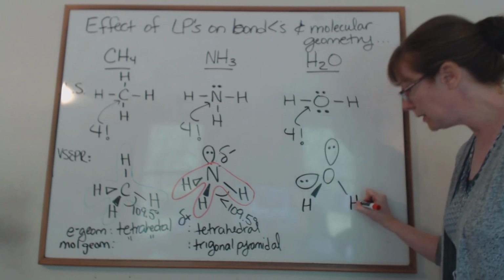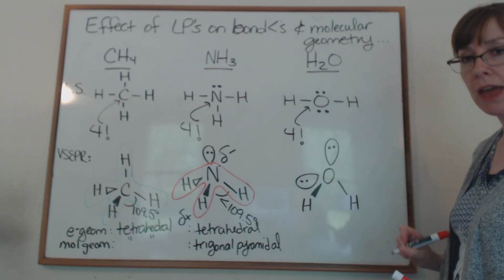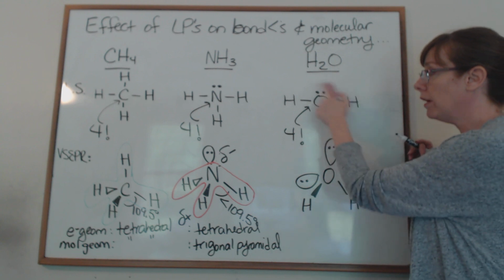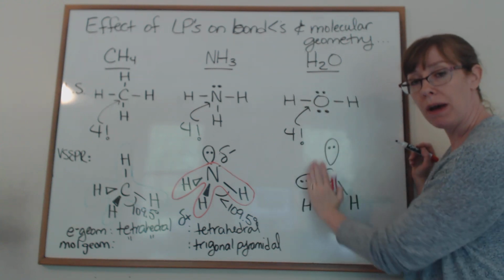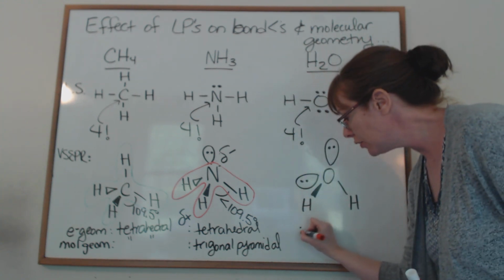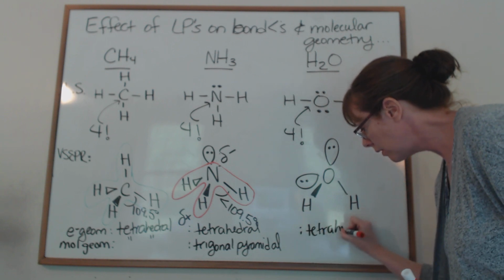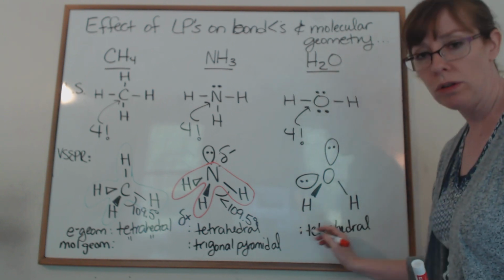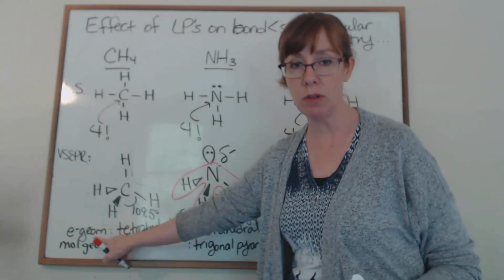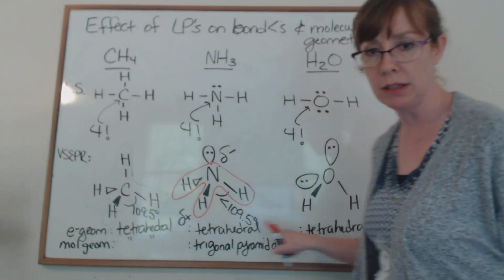And that is the VSEPR model of H2O. You do have 4 electron groups. They are occupying an electron geometry that is tetrahedral. By the way, this is the answer to this question. Hopefully that's clear. These are the electron geometries.